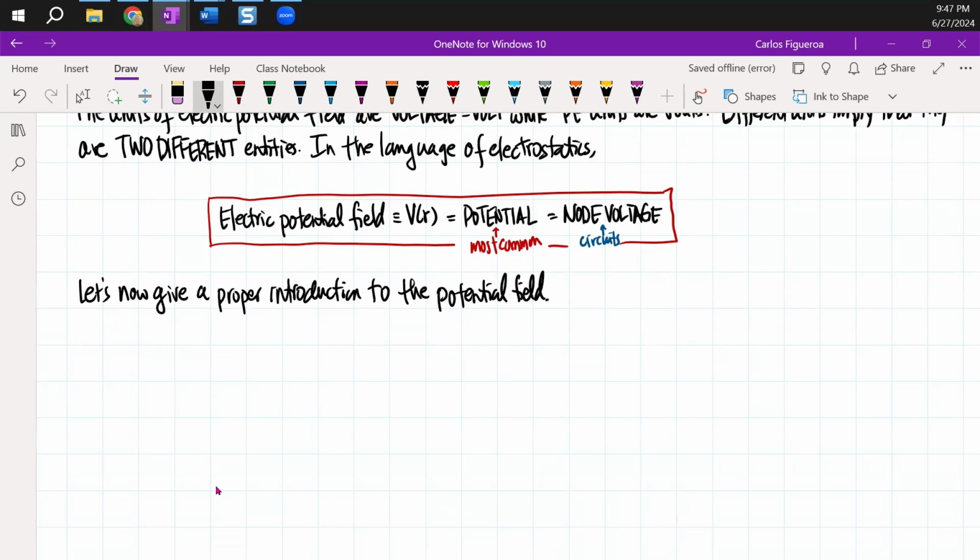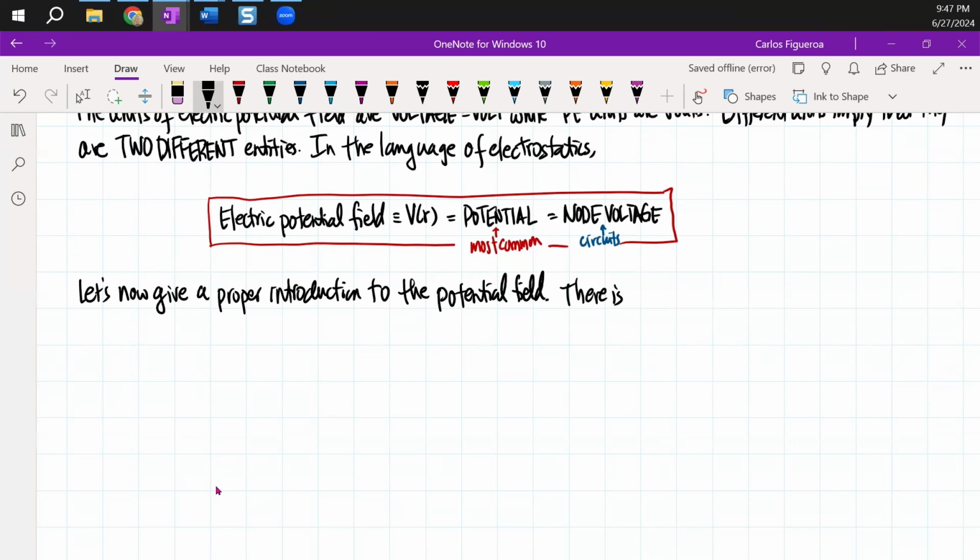People stop thinking about the word potential field, but it is a field, just like the electric field. It has a value at every point. The potential field is a scalar, whereas the electric field is a vector field.